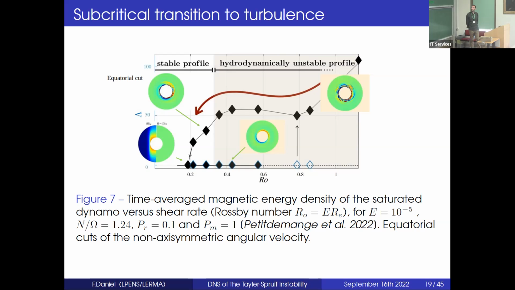Yeah, I think one of the reasons, maybe linked to your question, is that we're dealing here with a system which is stably stratified, relatively weakly stably stratified, in the sense that it goes up to N over omega of about 50. But the regime in which it was found is about N over omega of order 1 or 5.